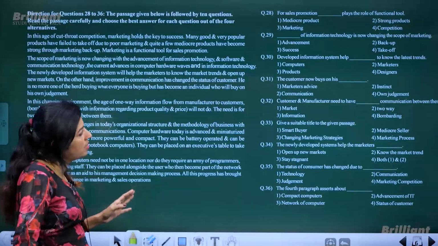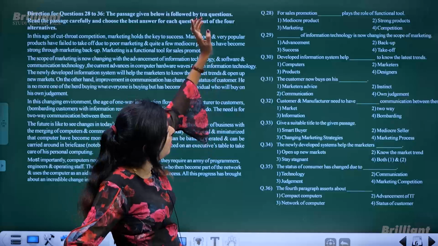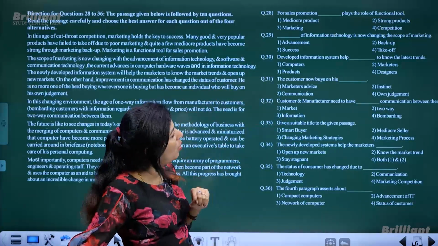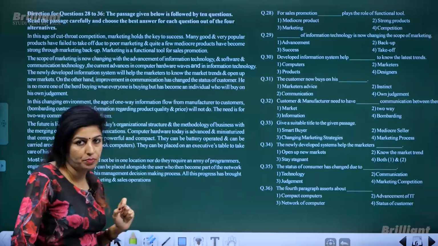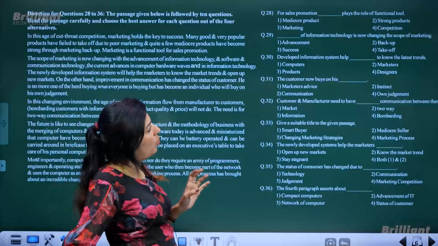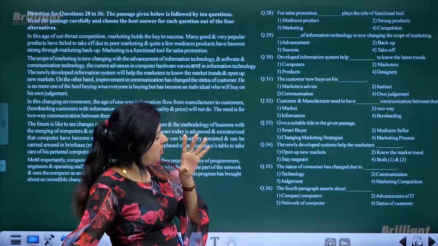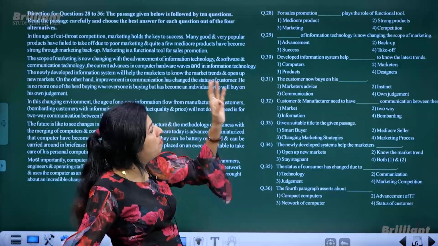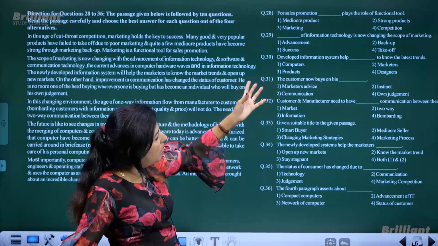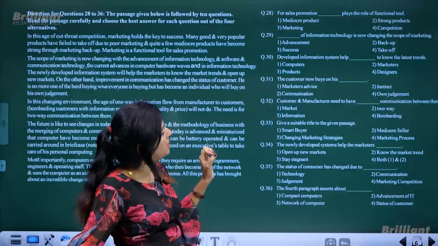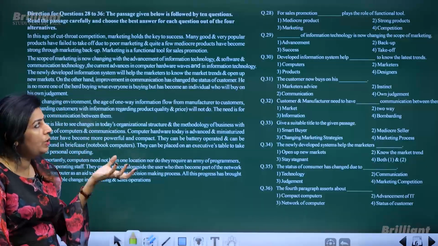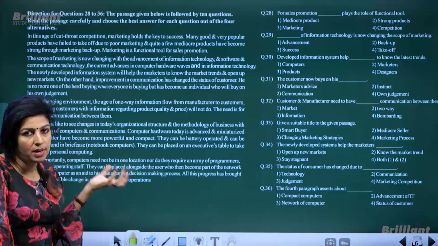Based on this passage, the first question is, for sales promotion, dash plays the role of functional tool. The options given to you are mediocre product, strong products, marketing, or competition. See, however good an item is, unless you know the technique of marketing, it's of no use.